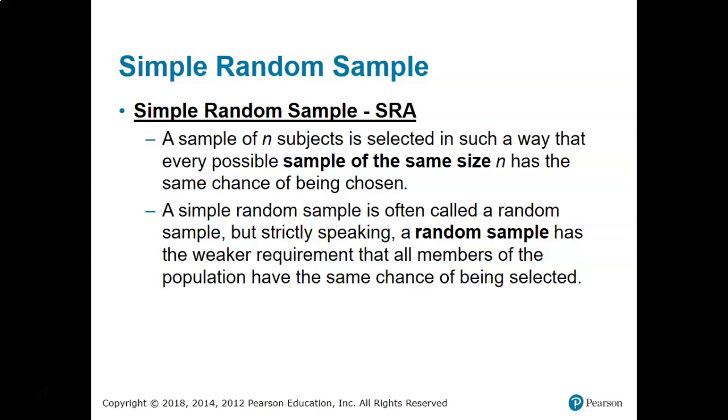We're not going to spend a lot of time differentiating here, but just know that a simple random sample is a stronger standard to uphold than just a random sample is. A simple random sample is often called a random sample, but strictly speaking, a random sample has a weaker requirement that all members of the population have the same chance of being selected.